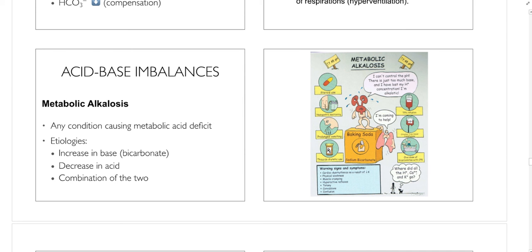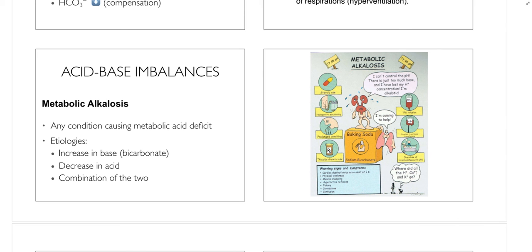Metabolic alkalosis. I think the majority of the time that you see this is going to be profuse vomiting. Maybe steroid use, nasogastric suctioning, so loss of gastric acid, prolonged vomiting, thiazide diuretic use because of the impact on potassium, or overdose with bicarbonate, which is used during CPR.